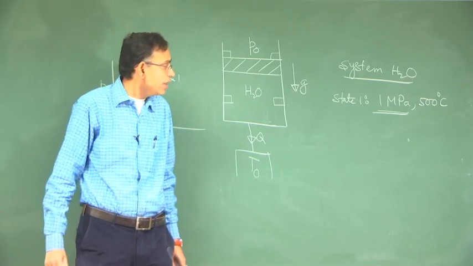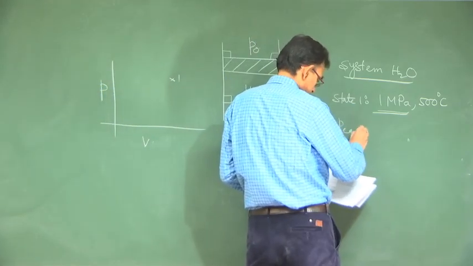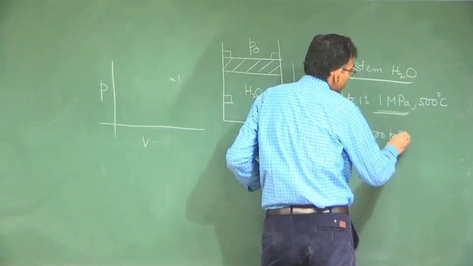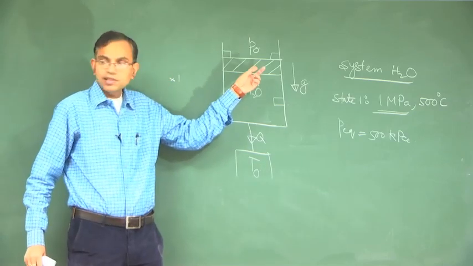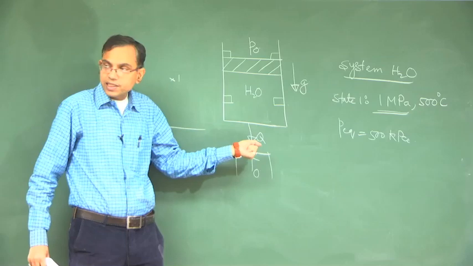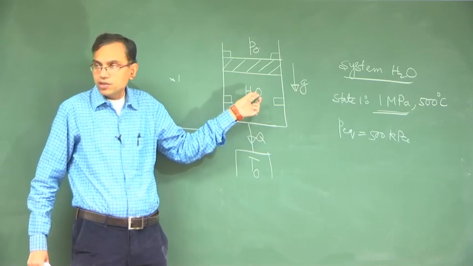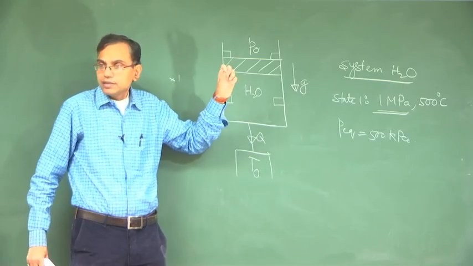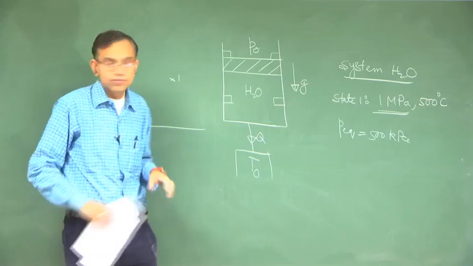It starts moving when the equilibrium pressure is 500 kilopascal. So, till the pressure becomes 500 kilopascal, this will not start moving. So, as heat is rejected from this, the pressure inside will drop, and when the pressure drops from 1 MPa to 500 kPa, till that time the volume remains constant, the piston does not move.